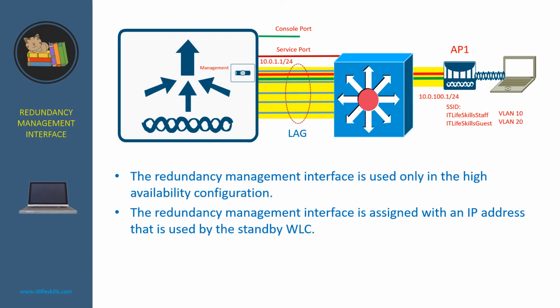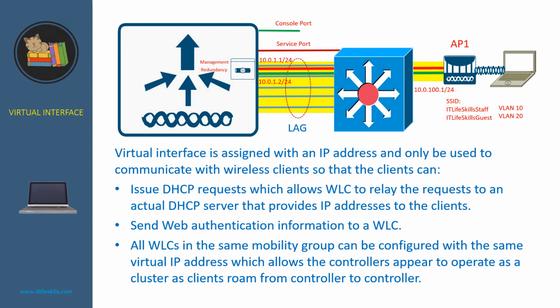The next interface is the redundancy management interface. The redundancy management interface is used only in the high availability configuration. It is assigned an IP address that is used by the standby wireless LAN controller. The next interface is the virtual interface.